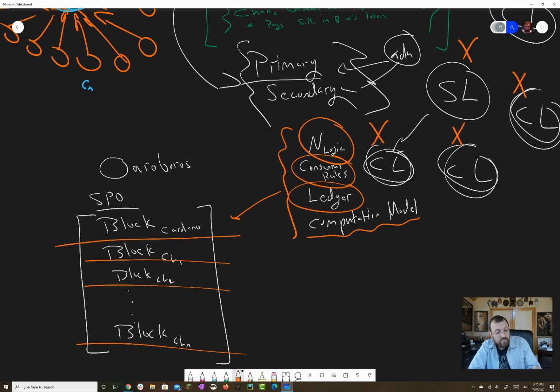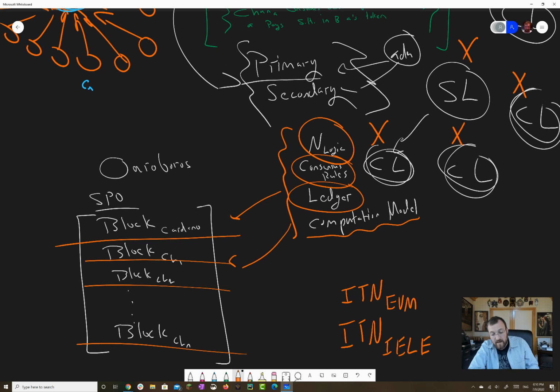So Cardano has one flavor, but then there's a different flavor for CL1, CL2. For example, one of these can be an ITN running the EVM. Another one can be an ITN running Yella. And they don't have a native asset.